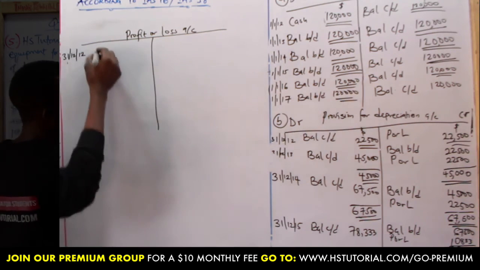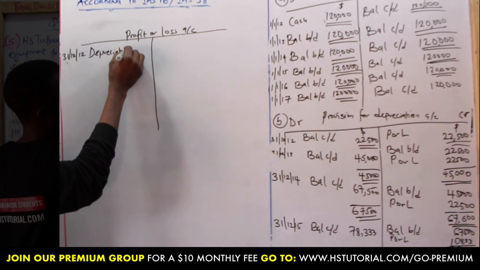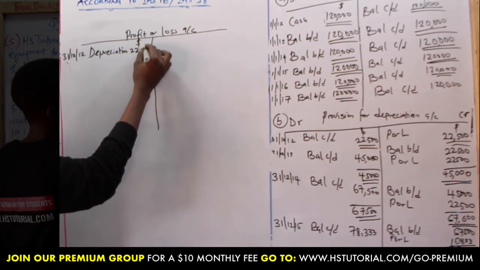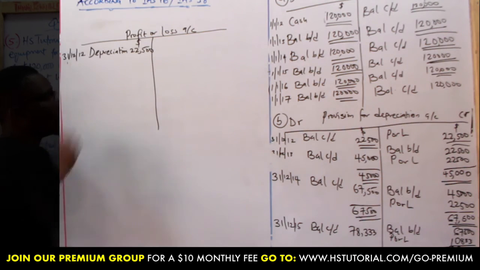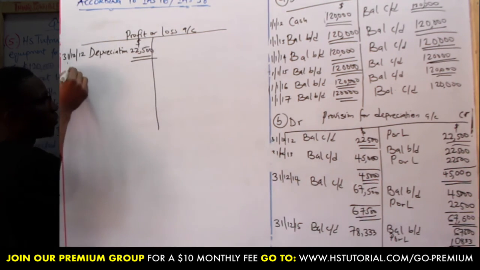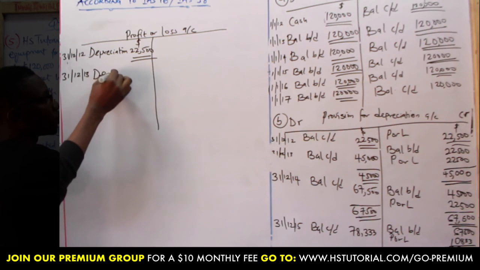31/12/2012. What's the figure for the depreciation? The figure is what? $22,500. Then you close it. Then the next one as well for the following year, it will be 31/12/2013. So that will be the depreciation, right?